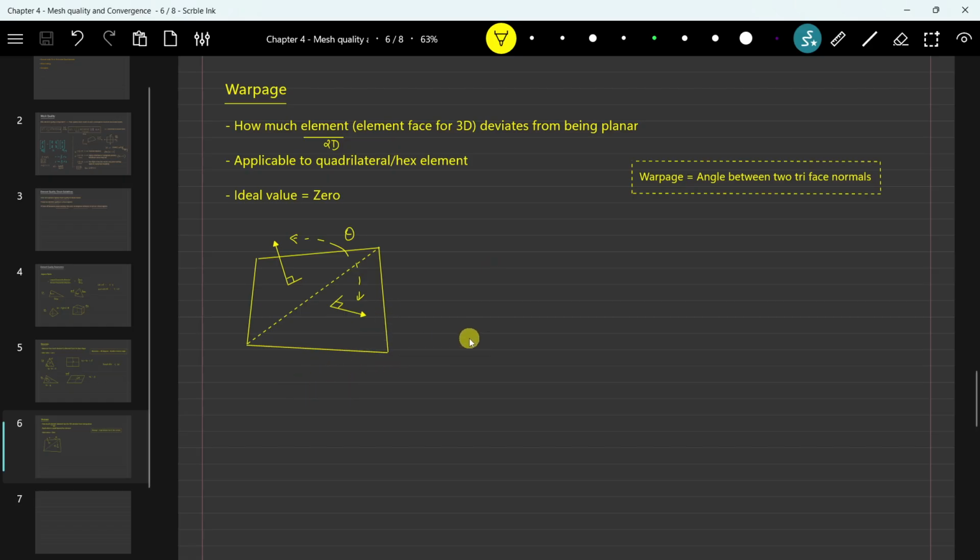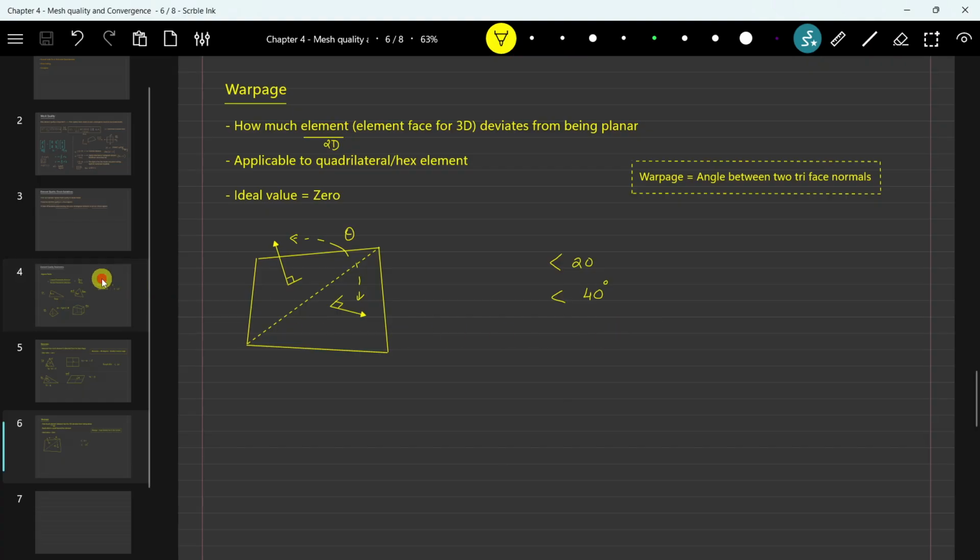Similarly, for a hexahedral element, we have six faces, so we get six warpage values, and the warpage of the hex element is the worst warpage of these six faces. The acceptable range is less than 20 degrees for critical regions, whereas for non-critical regions we can go with higher warpage, around less than 40 degrees.